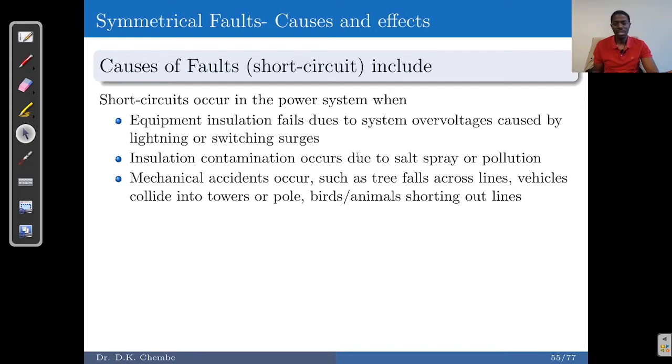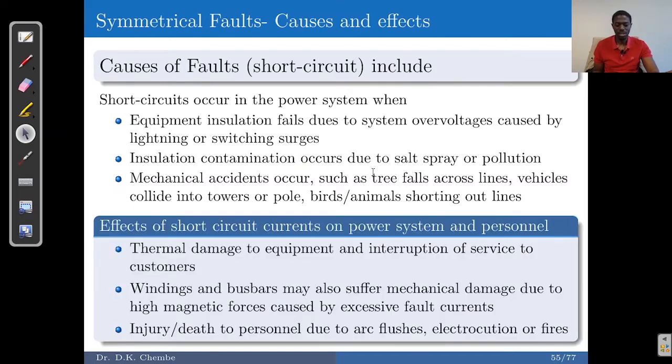Then mechanical accidents may occur. A tree falling onto the power line, for instance, can cause a short in the system. A vehicle colliding into the power towers or poles, birds or animals shorting out lines. These are some of the causes of short circuits.